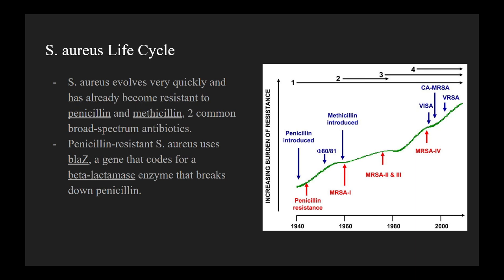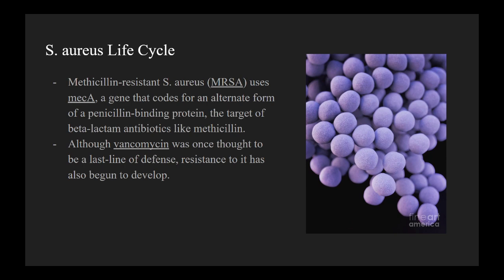Remember, penicillin is a beta lactam antibiotic, so a beta lactamase attacks penicillin and breaks it down. So these bacteria with this gene can basically break down all the penicillin that's getting shot towards them, so they can survive because of that.